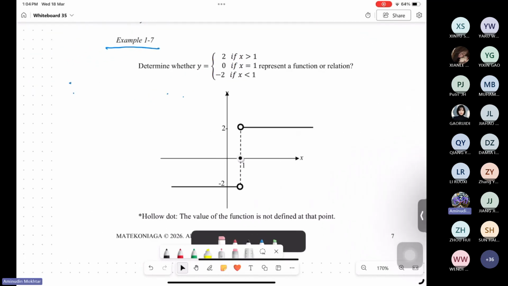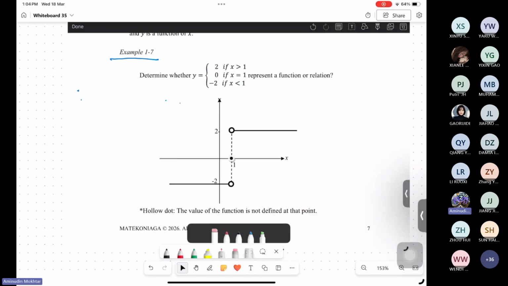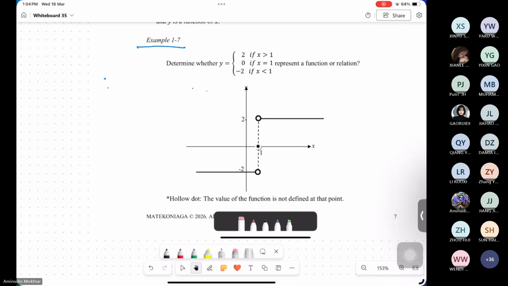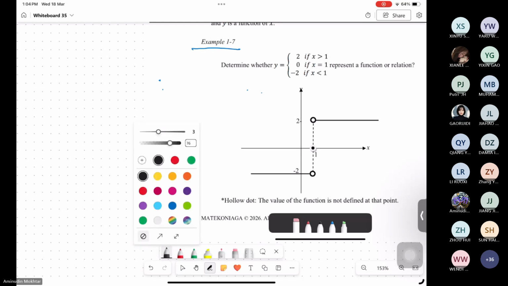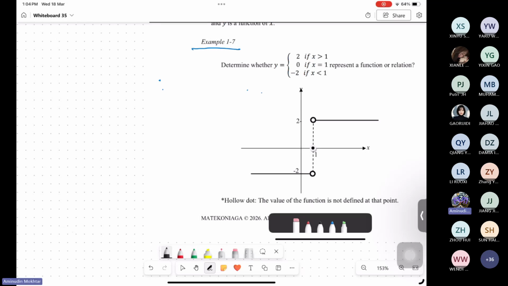Again, when y equals, y equals, if x is greater than 1. How to draw this line?